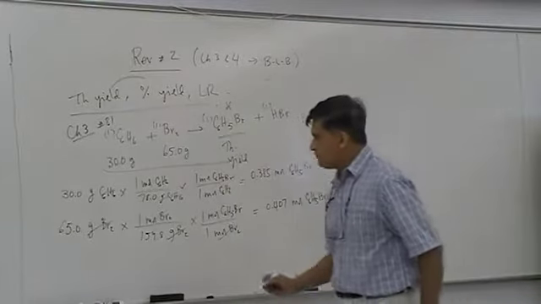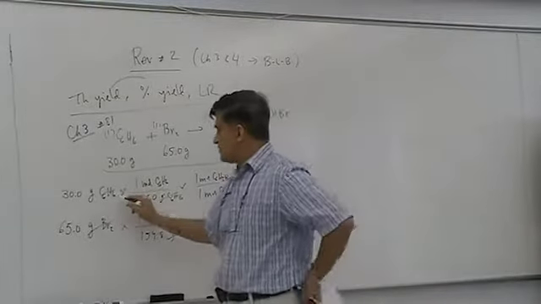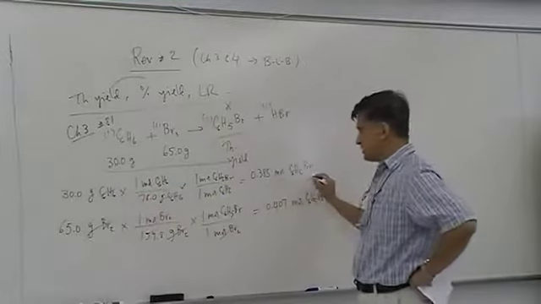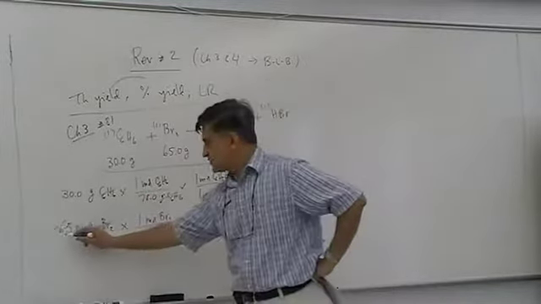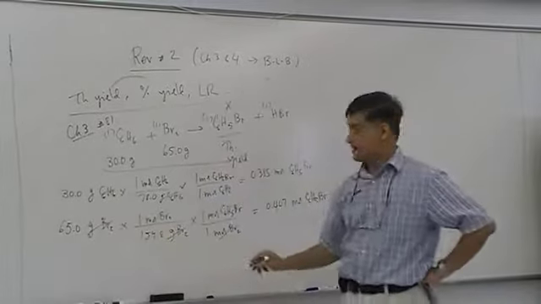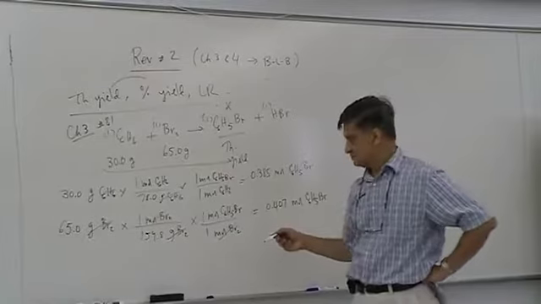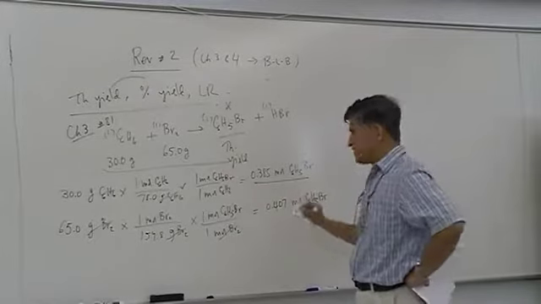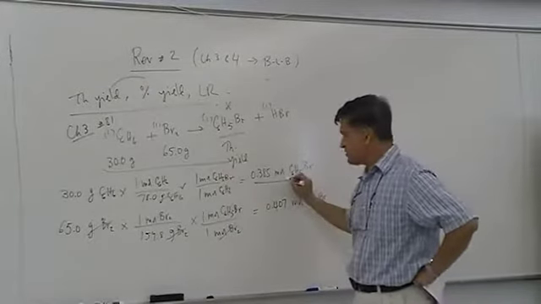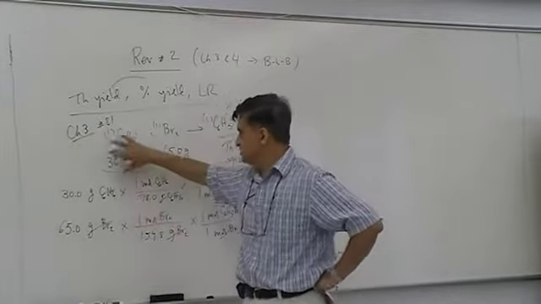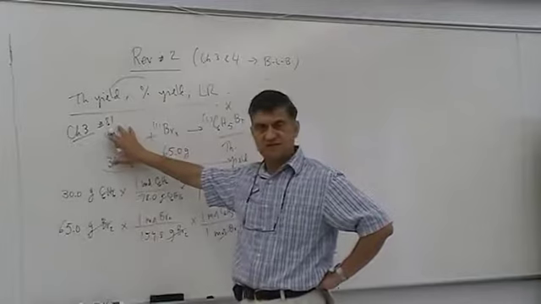So if we assume that 30 gram of C6H6 is completely used up, we get a smaller amount of product. If 65.0 gram of Br2 is used up, I get a larger quantity of product. Both cannot be right. This is the right value. Why? When you get this amount of product, you run out of C6H6, so there'll be no more C6H6 left.